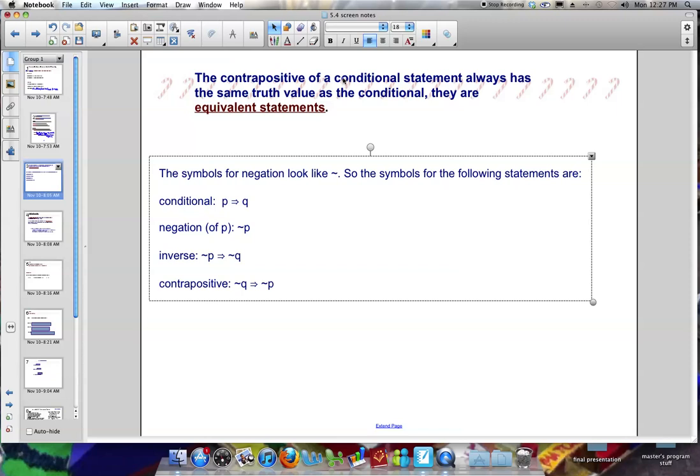The contrapositive of a conditional statement always has the same truth value as the original conditional. We call them equivalent statements because they always have the same truth value.